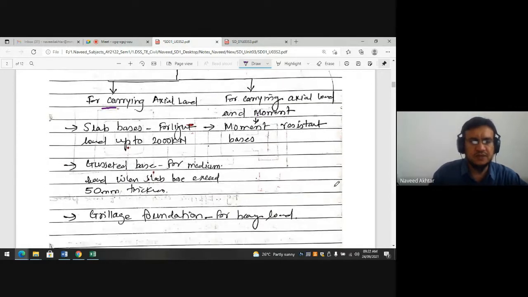Slab bases are for light load, up to 1200 kilonewton. For medium load, if the thickness of the slab base exceeds 50 mm, then we go for the gusseted base. So these two types of bases we will see.